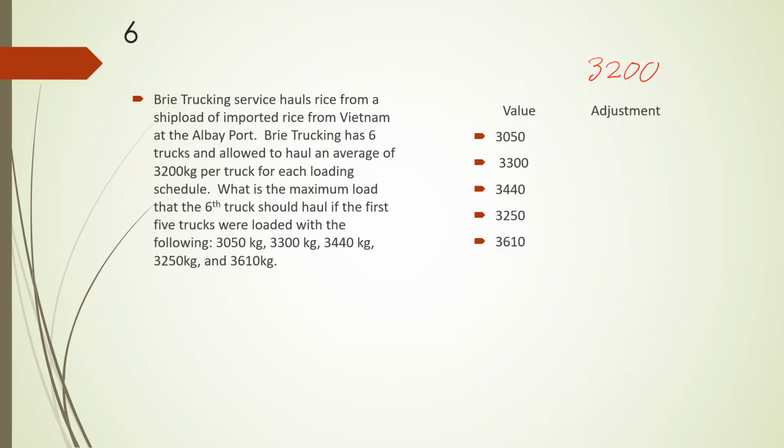For the given values of the 5 trucks loaded with rice, 3,050 will be 3,200 minus 150. 3,300 will be 3,200 plus 100. 3,440 will be 3,200 plus 240.